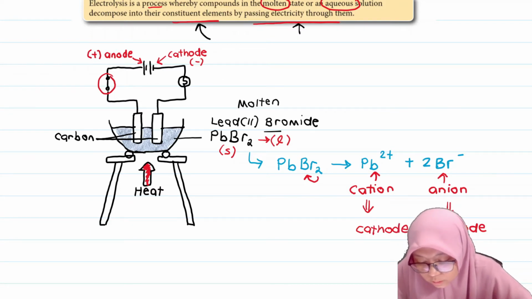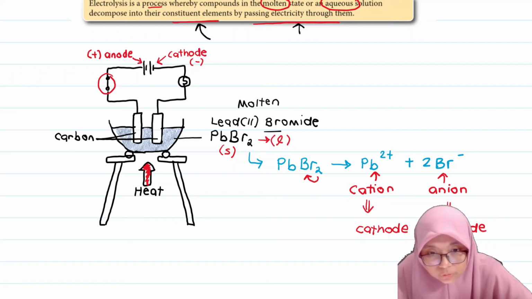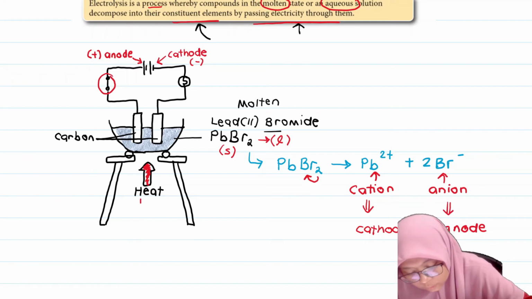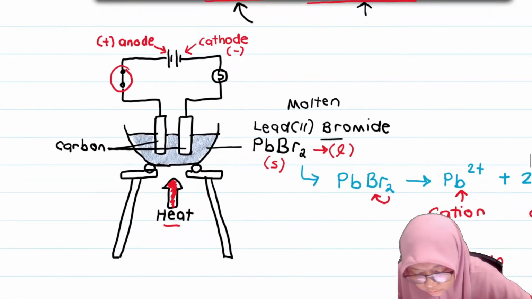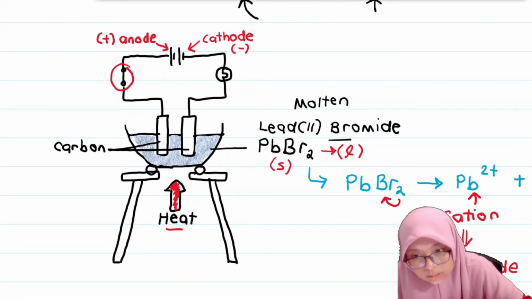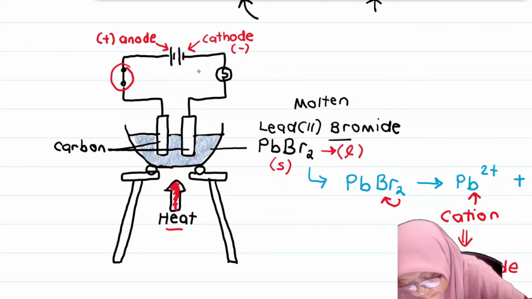So what happened? We pass electricity through the circuit, and after we heat the lead bromide it will become ions, and it will dissociate, ataupun ia akan ionize inside this circuit. So Pb2+ will be attracted to the cathode. So this is the cathode.